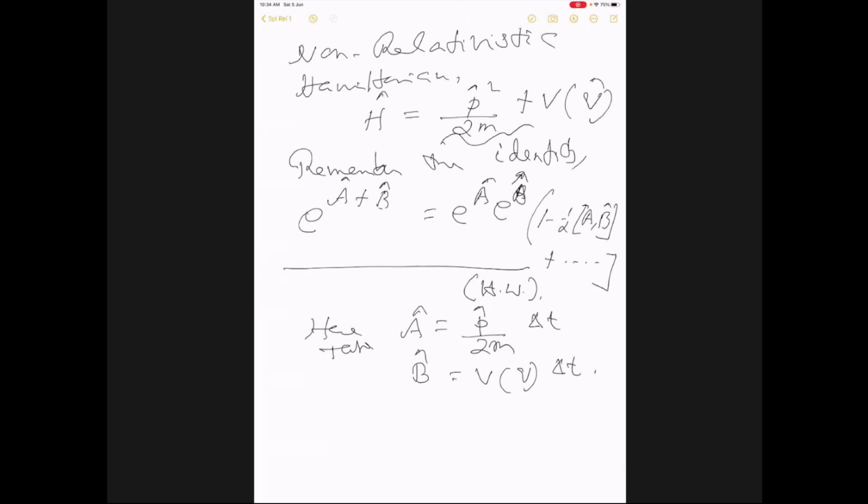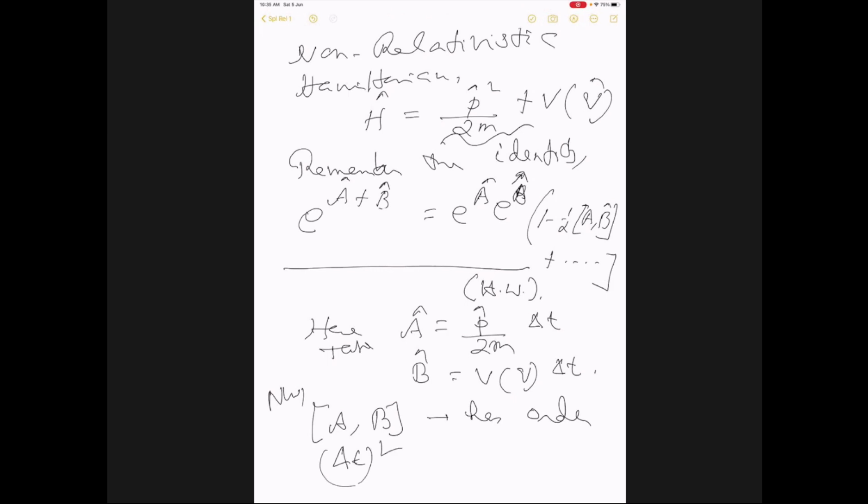Now the commutator AB has order delta t squared, because A is p squared by twice m delta t and B is V q delta t.